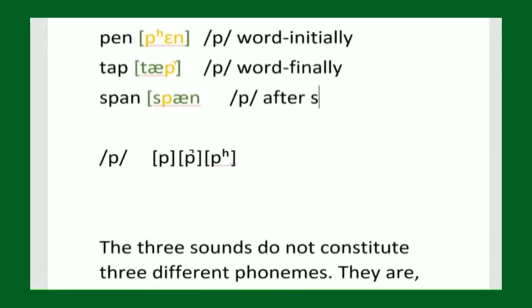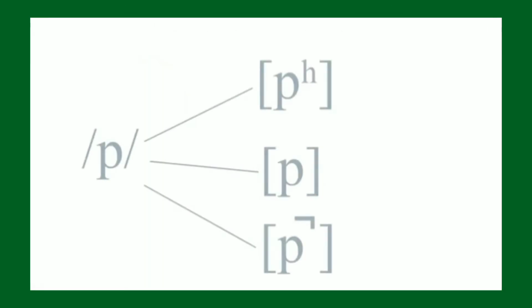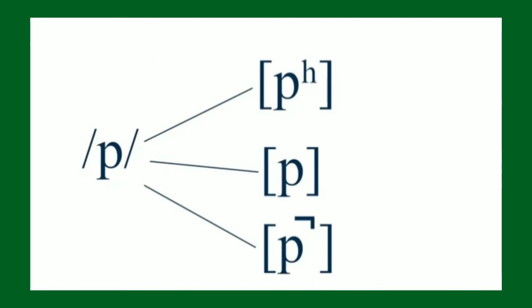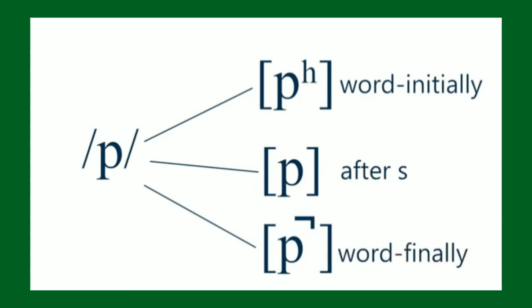So now we can write a rule. So this is basically the general rule of p. Whether this is p with no aspiration, p with aspiration, or unreleased p, is predictable based on these rules. We have three different rules. The allophone becomes this word initially, becomes this after s, becomes this word finally.